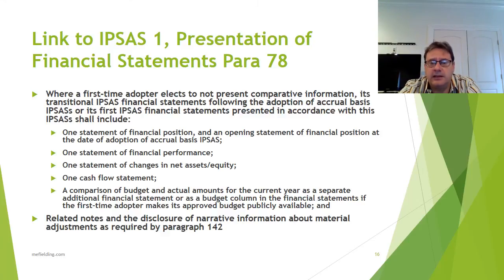So it's taking into account the fact that budgets are so much more important for governments than they are for general commercial organisations. And then the related notes and the disclosures of narrative information about material adjustments as required by paragraph 142. You should go away and have a look at that. But paragraph 142 talks about those items which are major material adjustments that we've had to make.